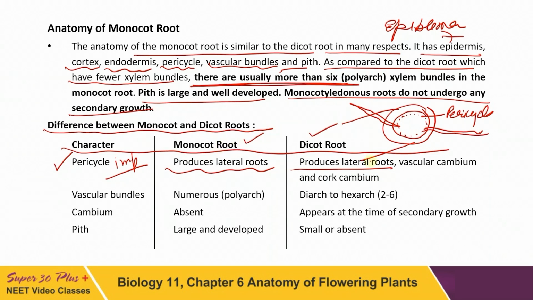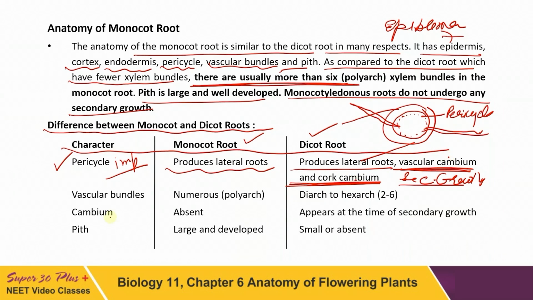But in dicot root, this pericycle, besides making lateral roots, also develops vascular cambium and cork cambium. The detail of this we will see when we deal with secondary growth. So here pericycle has 3 functions: lateral root, vascular cambium and formation of cork cambium.